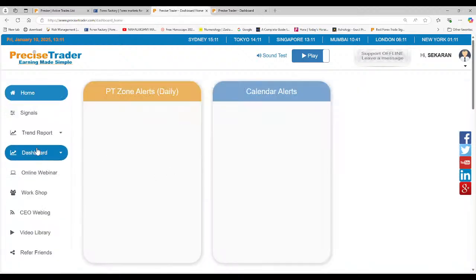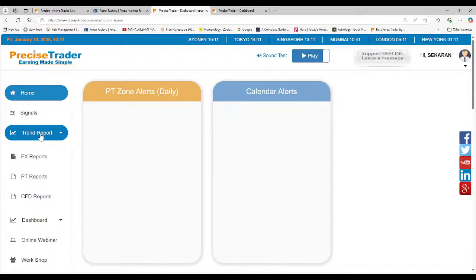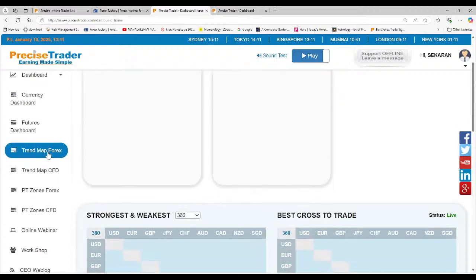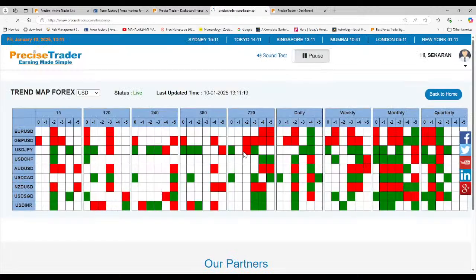Like for instance, just now I told you about the trend map. The trend map you saw on my Excel sheet is the same as you can see here, although this is a toned down level.